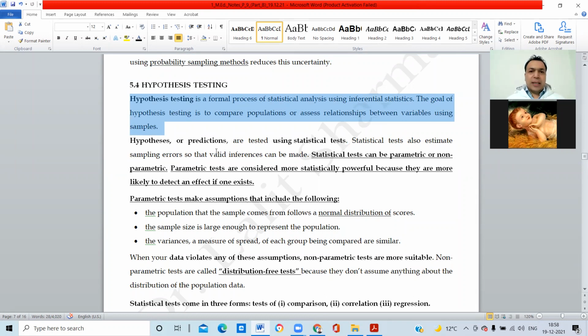I think you have cleared the hypothesis. What is a hypothesis? Hypothesis means any supposition, any statement, which we define during our research, when we select our research question. Then there is a need to define the hypothesis and we work on that hypothesis.